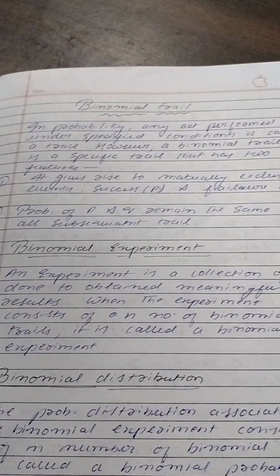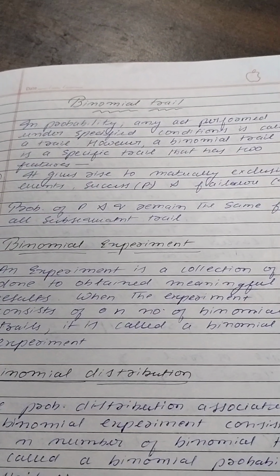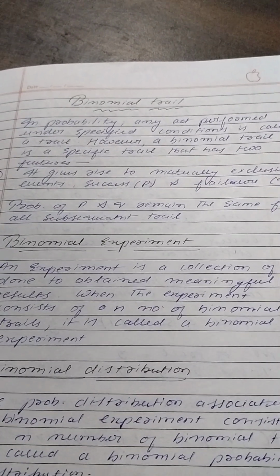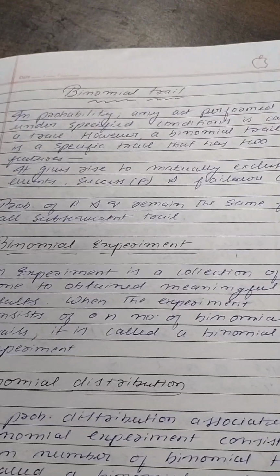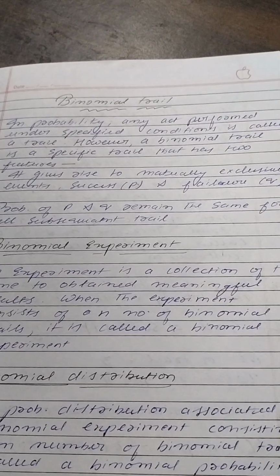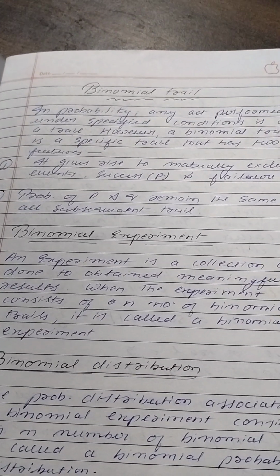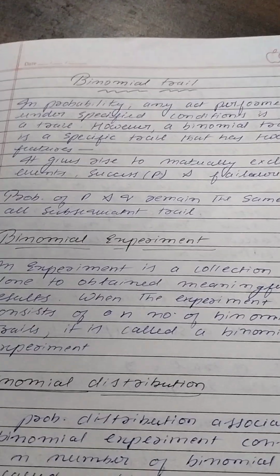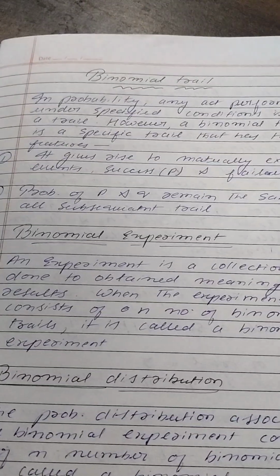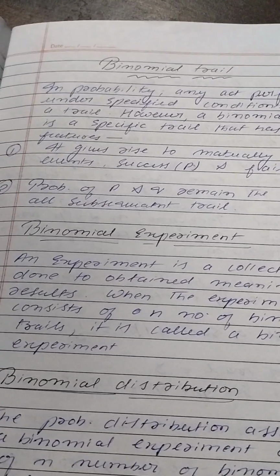Like, is the female child getting education at elementary school or not? And then we have the probability of p and q remaining the same for all the subsequent trials, no matter what number of trials you are performing.